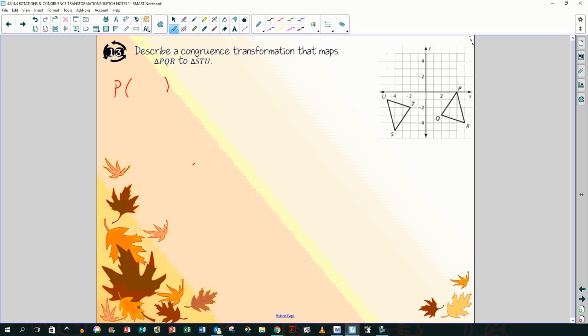Point P is at 4, Q is at 2, -3, and R is at 5, -4. And I'm going to STU.